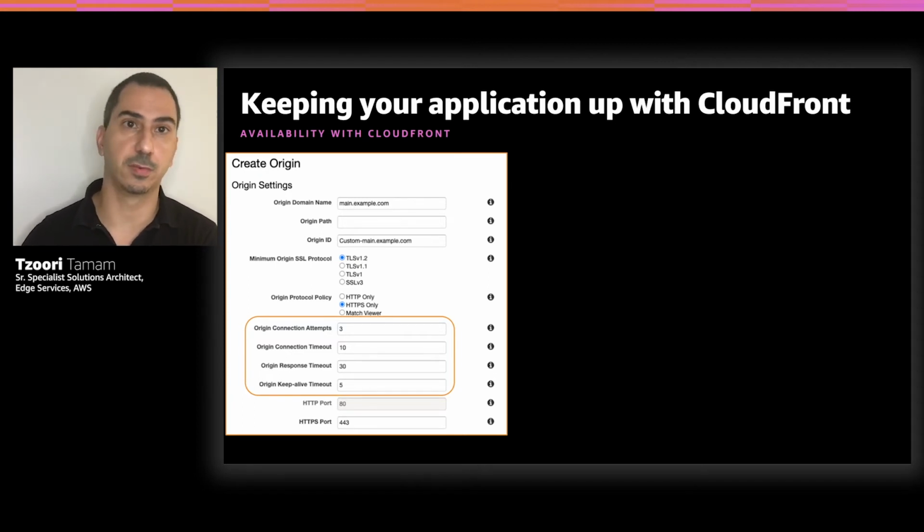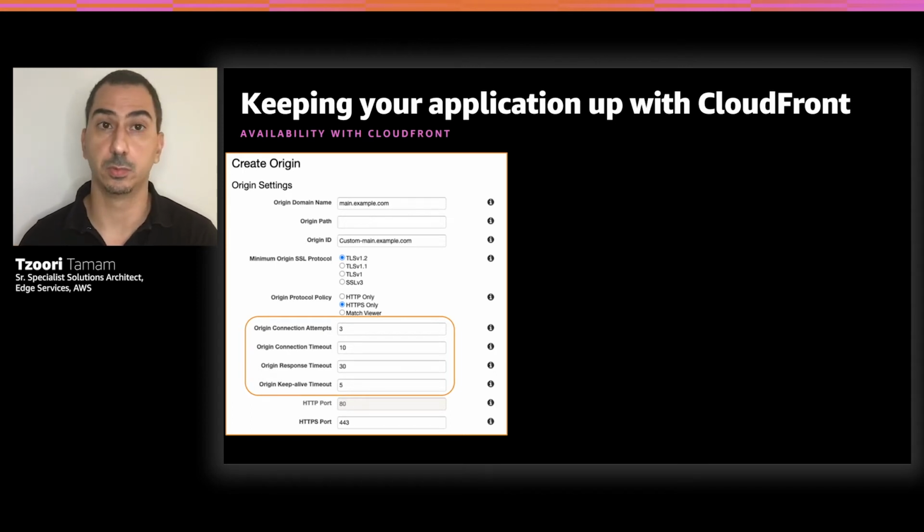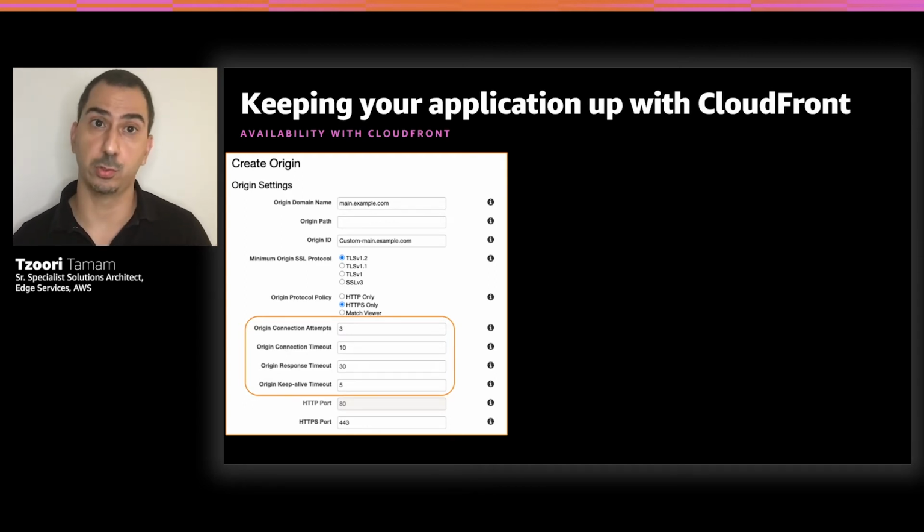So if you expect very good latency, very good response times from your origin, you don't have to wait that long. So we default to 3 attempts of 10 seconds. That means that we will wait for 30 seconds before we know something went wrong. You can now configure that and make it as short or as long as you feel comfortable with to control the availability of your website.